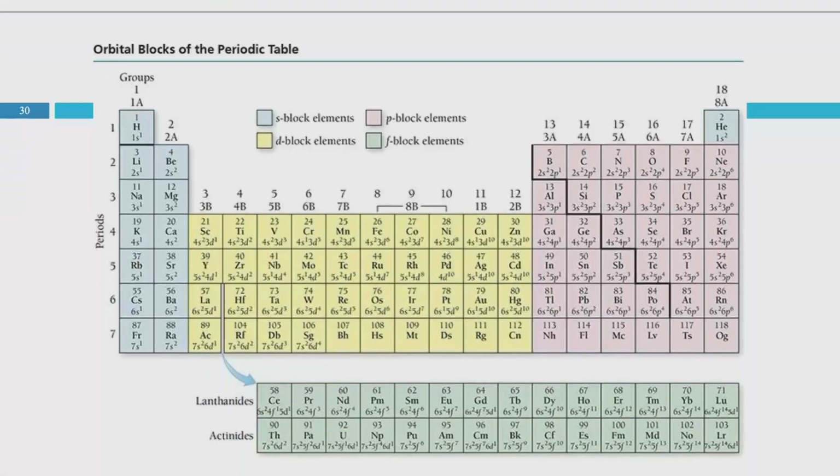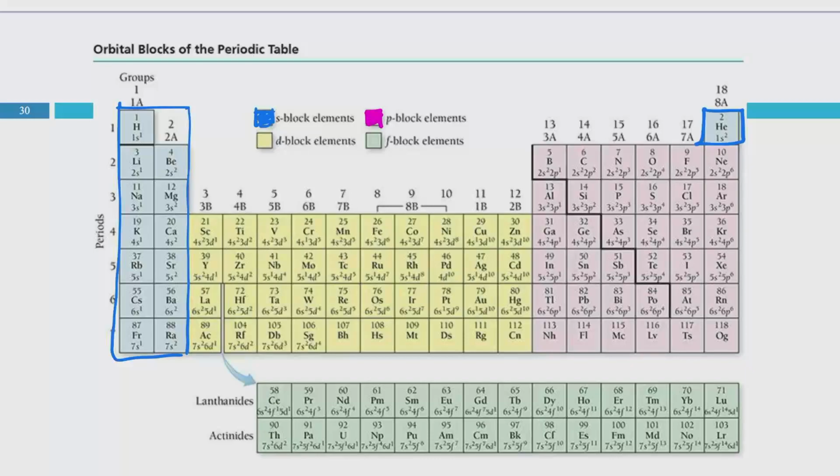So here are the blocks of the periodic table. We've got our S block in this light blue color. It's our first 2 columns, our first 2 groups, and helium. Helium also represents filling in an S subshell. And then we've got our P block.